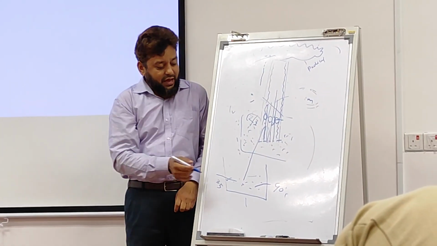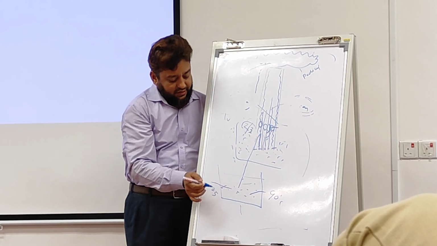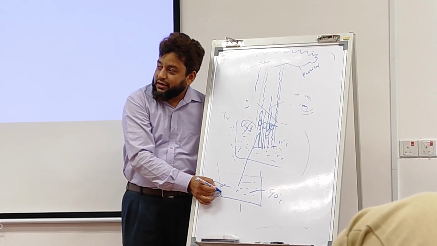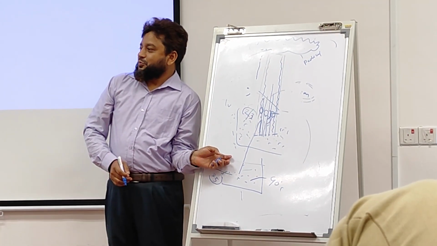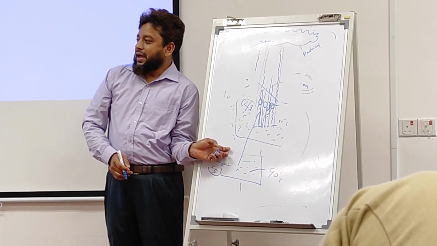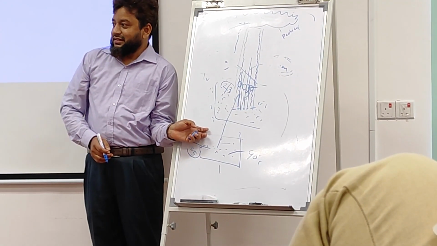It means how? You have to bring this stem here. Then you need to bring down the pH. Water pH is how much? Around 7.